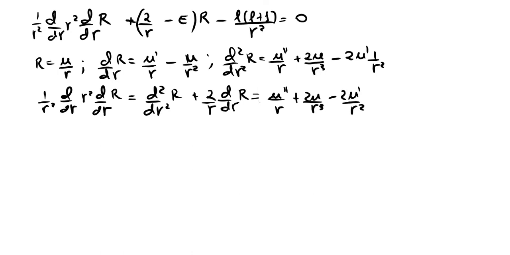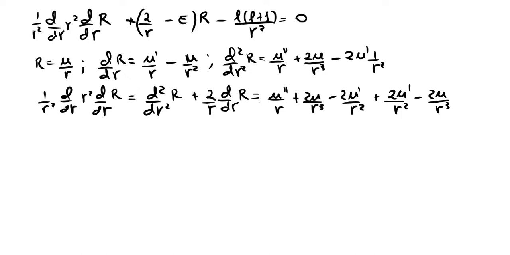But all these terms are okay, and the other terms I have are plus 2 over r multiplied by the first derivative. So then I'll have plus 2, then here it's going to be r squared, and the other one is going to be 2u over r to the third. So did this help?